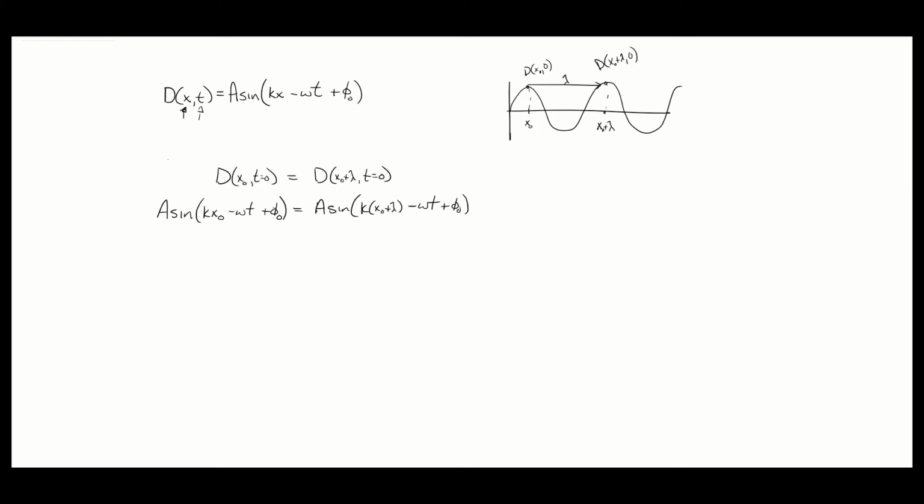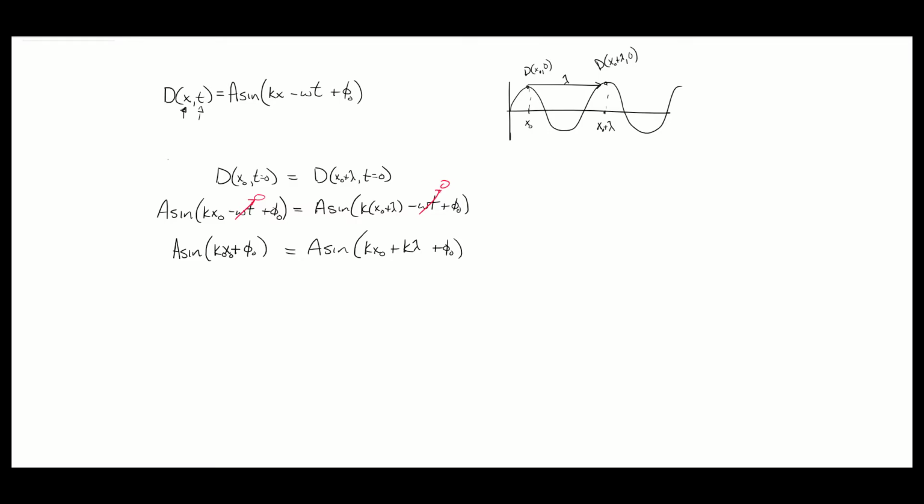Now, I set t equal to 0 here just to make things easier, so let's plug that in. The point is, this wave description gives us sine of k x naught plus phi naught, and it has to be equal to sine of k x naught plus k lambda plus phi naught, right?